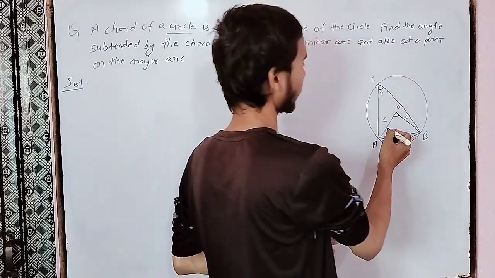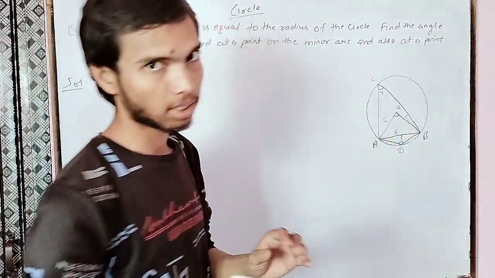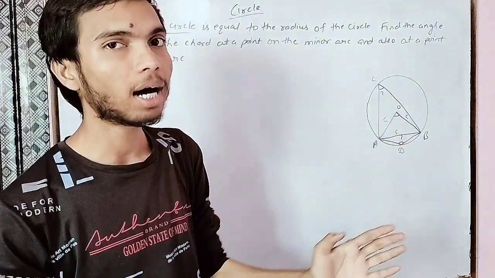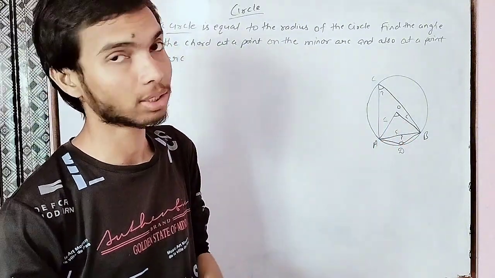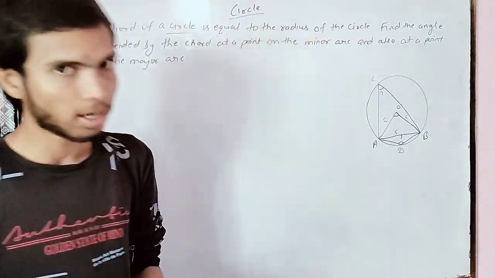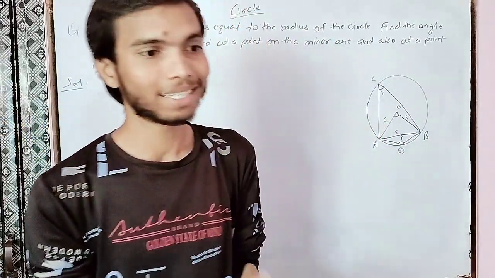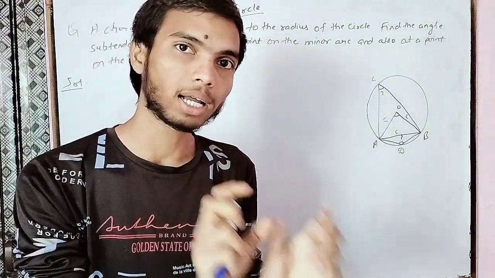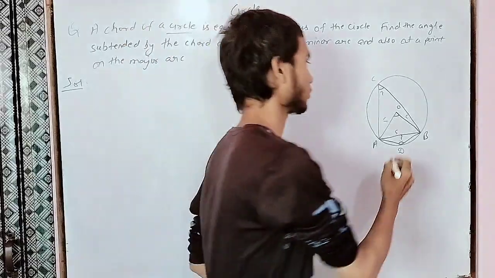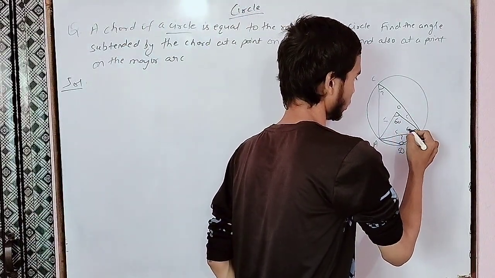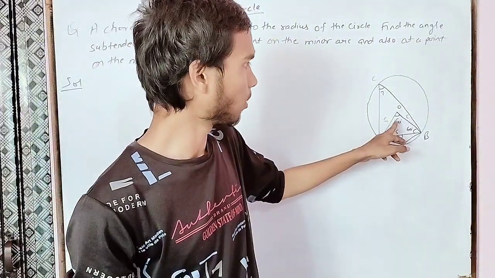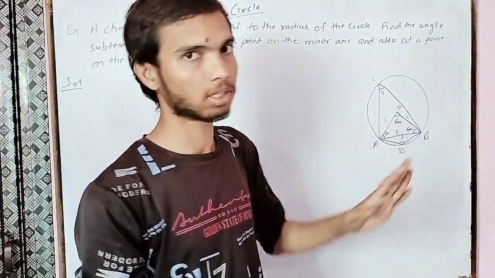So this is an equilateral triangle because all sides of the triangle are equal. In an equilateral triangle, each interior angle is 60 degrees. This is 60, this is 60, and this is 60. Clear?